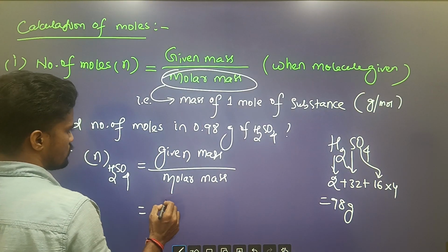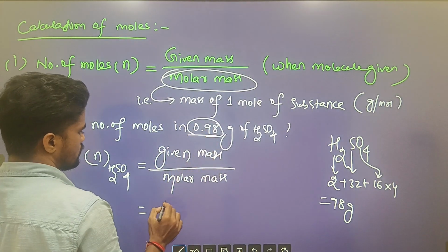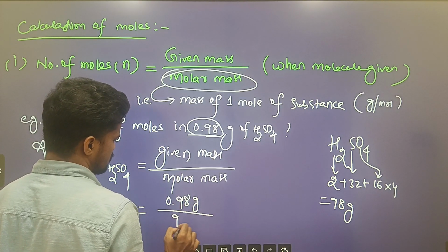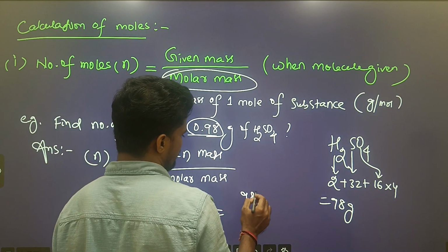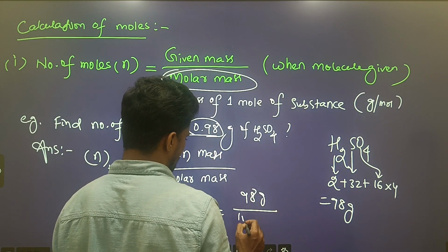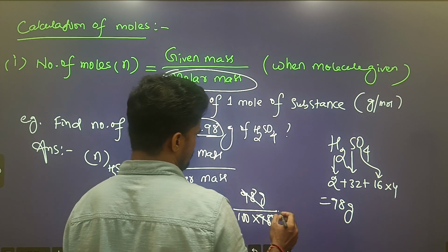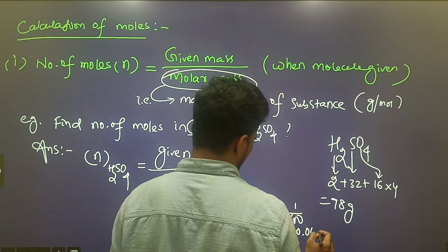What is the given mass in the question? This is the given mass, 0.98 gram upon molar mass 98 gram. If you remove the decimal, you get 98 gram upon 100 into 98 gram. So 98 cancels, and it comes out to 1 by 100, that means 0.01 moles.